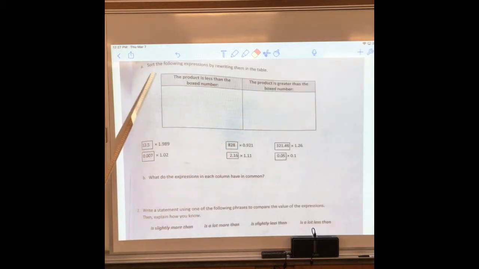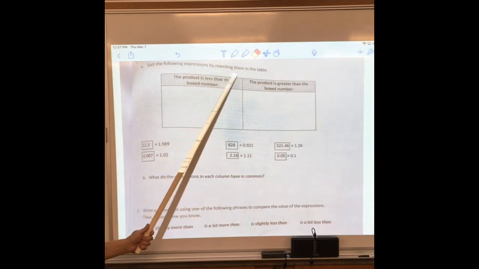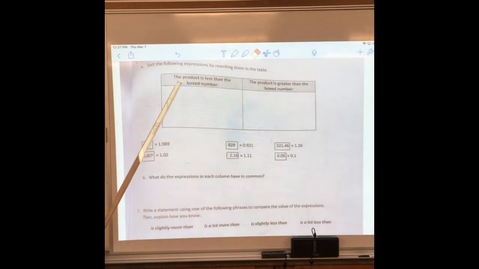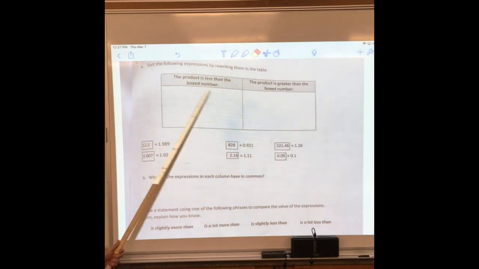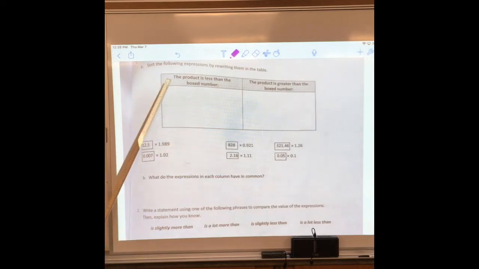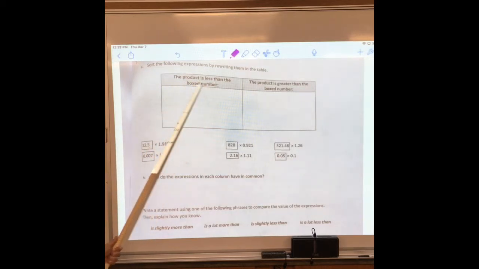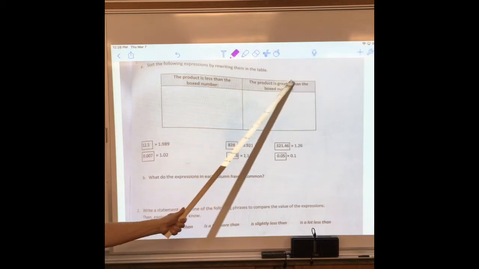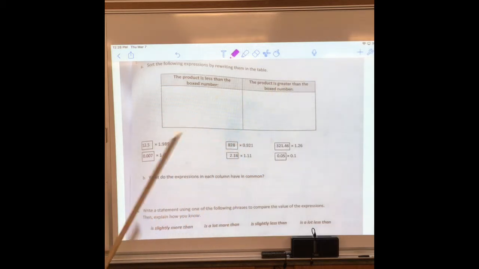Let's get going on our problem. Sort the following expressions by rewriting them in the table. This product is less than the boxed number. So we want the product is less than the boxed number. The product is greater than the boxed number. Now what's our boxed number here?